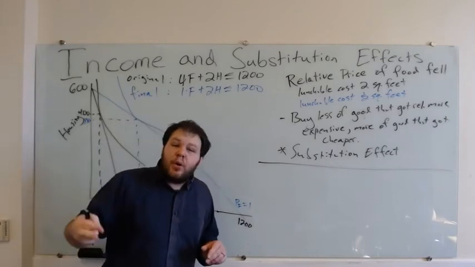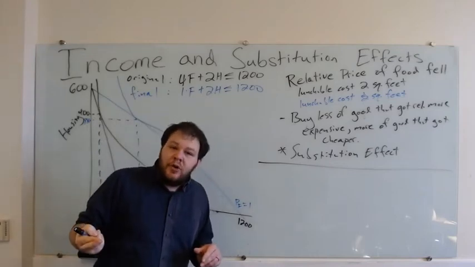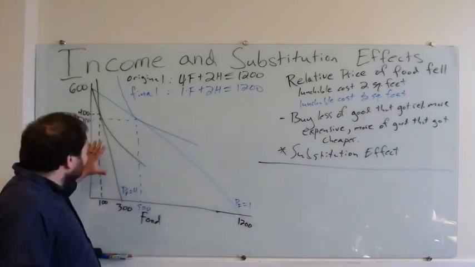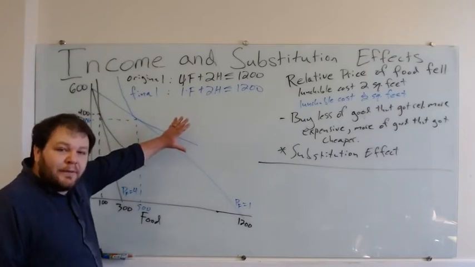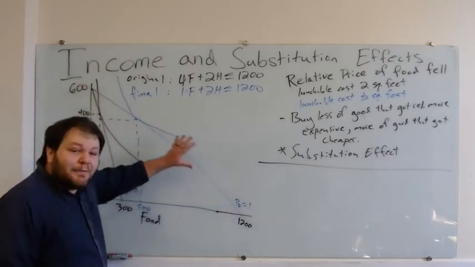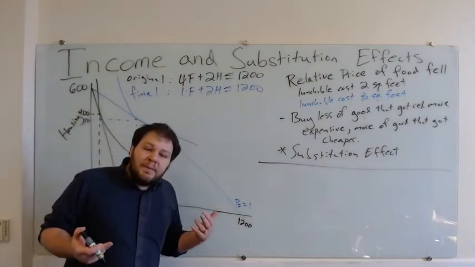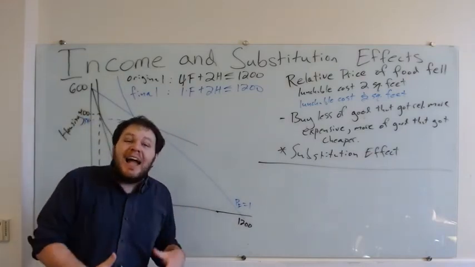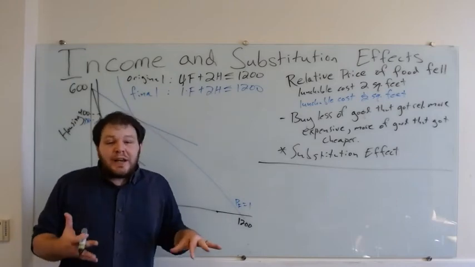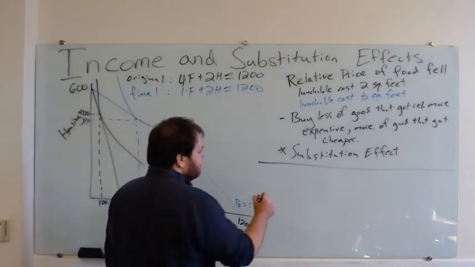But there's another important effect of a price change. Right? If we look at our old budget constraint and we look at our new budget constraint, we can afford a lot more stuff on our new budget constraint than we could on our old. In other words, because one of the things that we buy a lot of got cheaper, we're richer now than we were before.